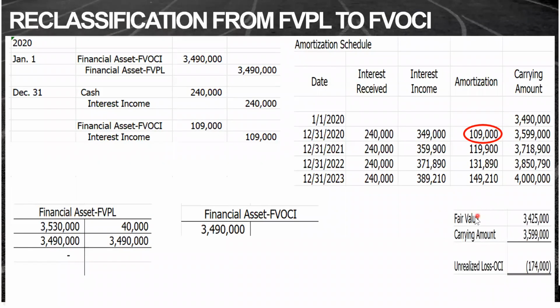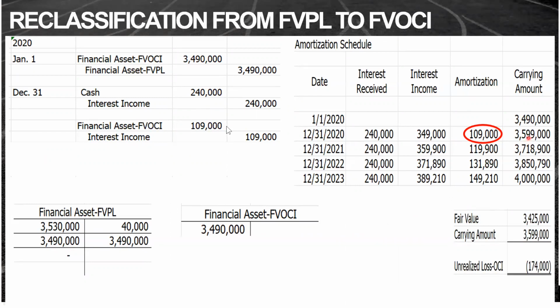So going back here, if you're going to compare your fair value, which is 3,425,000, with the carrying amount. So the carrying amount based on the amortization schedule is 3,599,000, and actually it's the same amount dito sa ating T account kasi nga itong 3,490,000 ay madadagdagan ng 109,000.